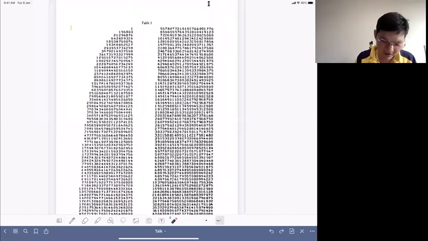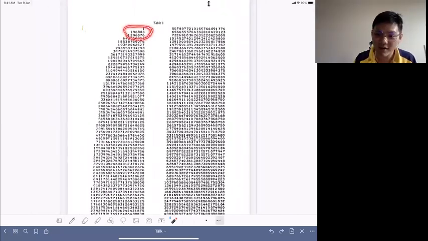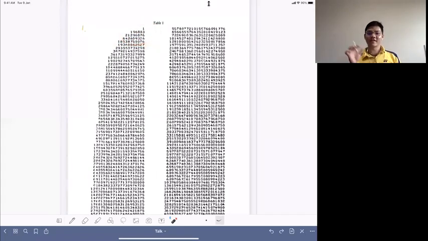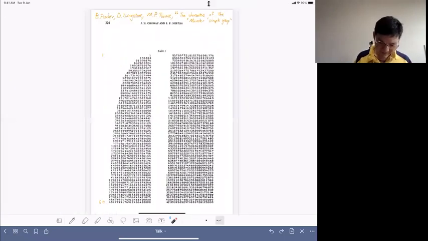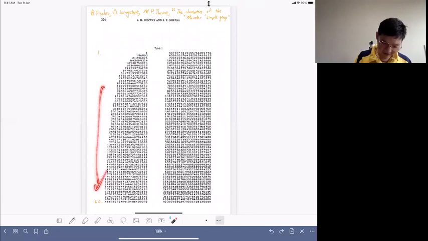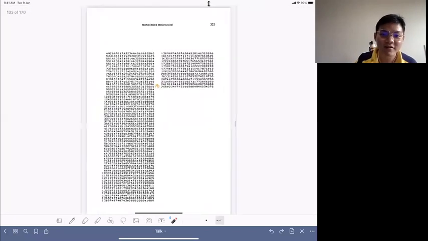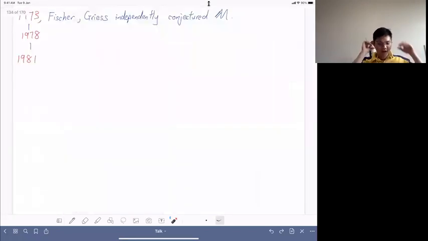You see 196,883 coming up here, so be vigilant with this number. We will frequently come back to it. One row has about 60, and the total is 194.